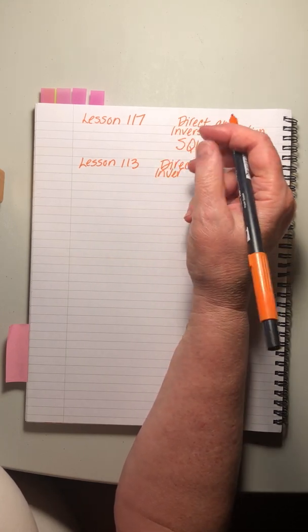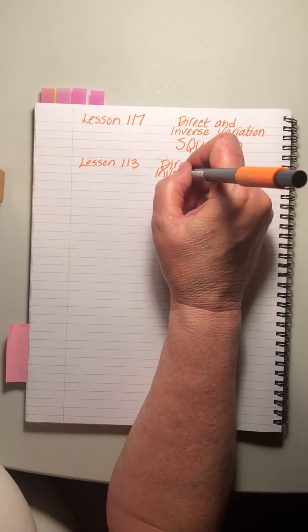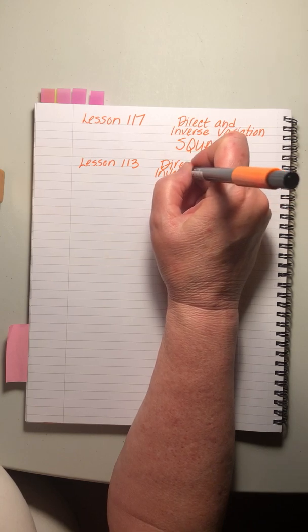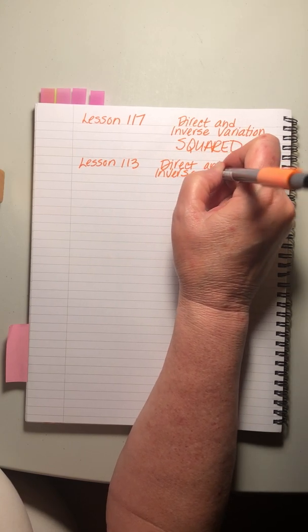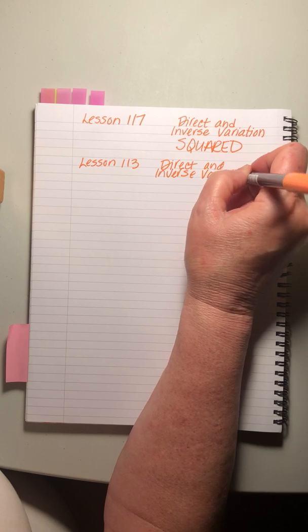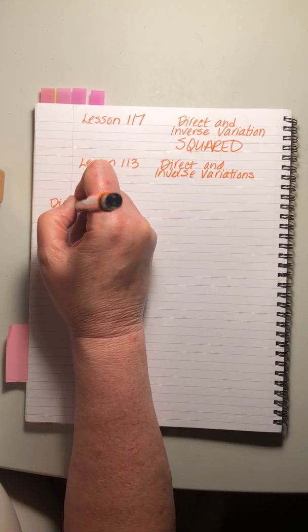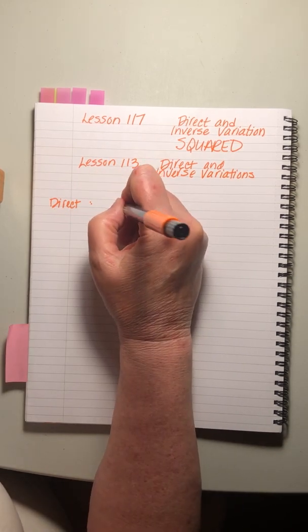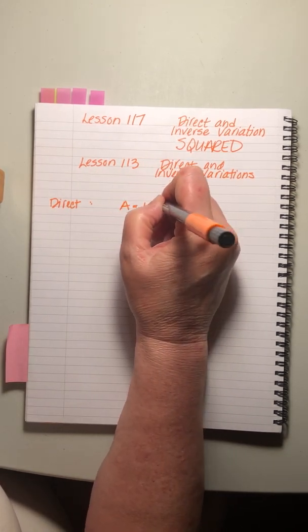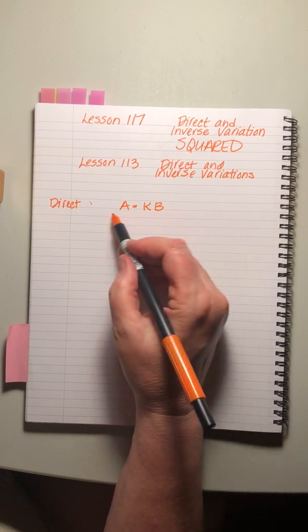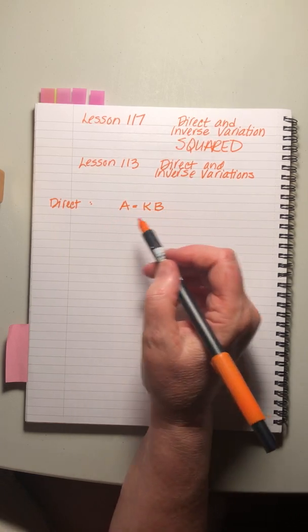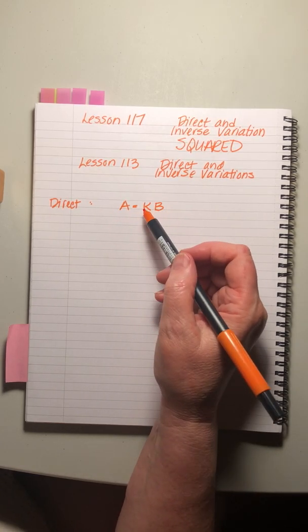And I told you some stories about toddlers taking toys off shelves and dads eating a lot of pizza. And we had some formulas for that. For the direct one, it was A equals K times B, where A and B were the two elements and K was some constant.